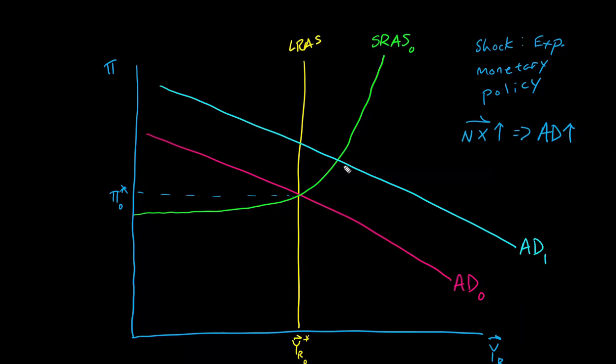So in the short run, again, this isn't really anything new, we're going to get a new short run equilibrium, where our new aggregate demand curve intersects with our short run aggregate supply curve.